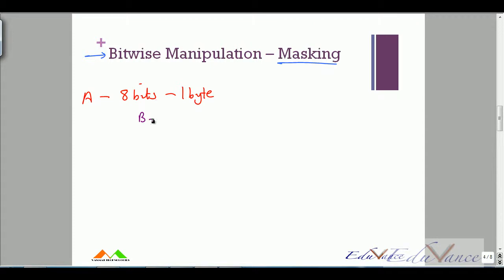Let's name them B7, where B stands for bit number: B7, B6, B5, B4, B3, B2, B1 and B0. This is 8 bits, and let's take an initial value for A, which is 1 0 1 1 0 1 1 0. Again, this is just an initial value for explanation.